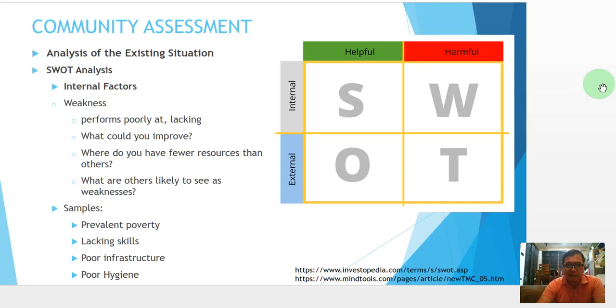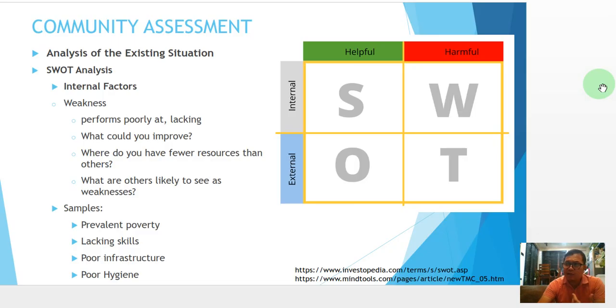For the internal factors, class, the weaknesses: what do they perform poorly? What is lacking in the area? How could it be improved? And what resources are fewer in the vicinity or the area?